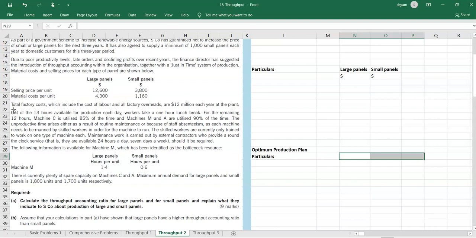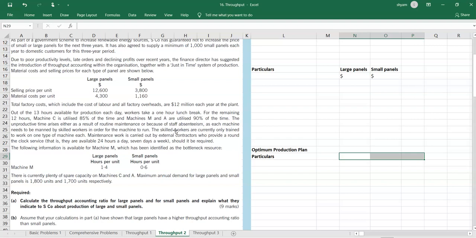The last one is, out of the 13 hours available for production each day, workers take a 1 hour lunch break. That means they work only for 12 hours. For the remaining 12 hours, machine C is utilized 85% of the time. Machines M and A are utilized 90% of the time. The unproductive time arises either as a result of routine maintenance or because of staff absenteeism, as each machine needs to be manned by skilled workers in order to run.